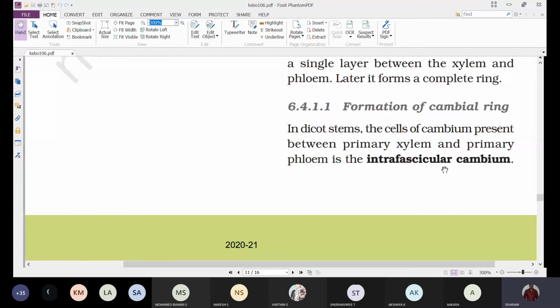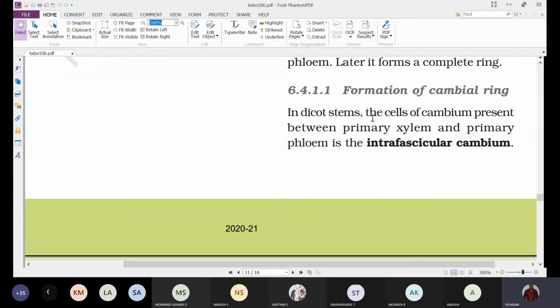When you observe here, in dicot stems, the cells of cambium present between the primary xylem and primary phloem are called intravascular cambium. Very clearly, in the dicotyledonous stem we find open type of vascular bundle. That means we find a thin layer of cambium separating the xylem and phloem.